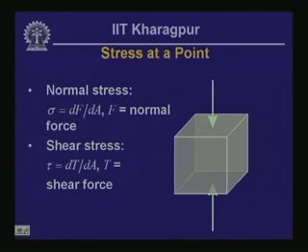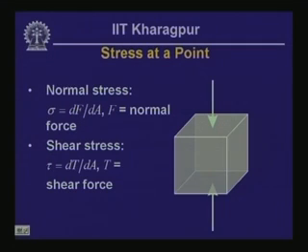Now, a graphical way of denoting or illustrating the stress at a point is by considering a small element, usually a cubical element within the soil or rock mass, and that element is shown on the right side of this particular slide, and what we have here is a normal stress aligned in the vertical direction.